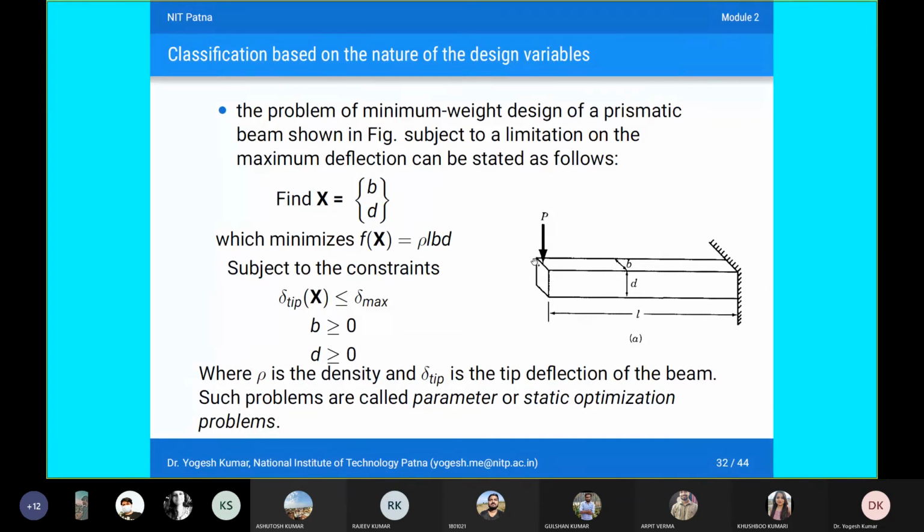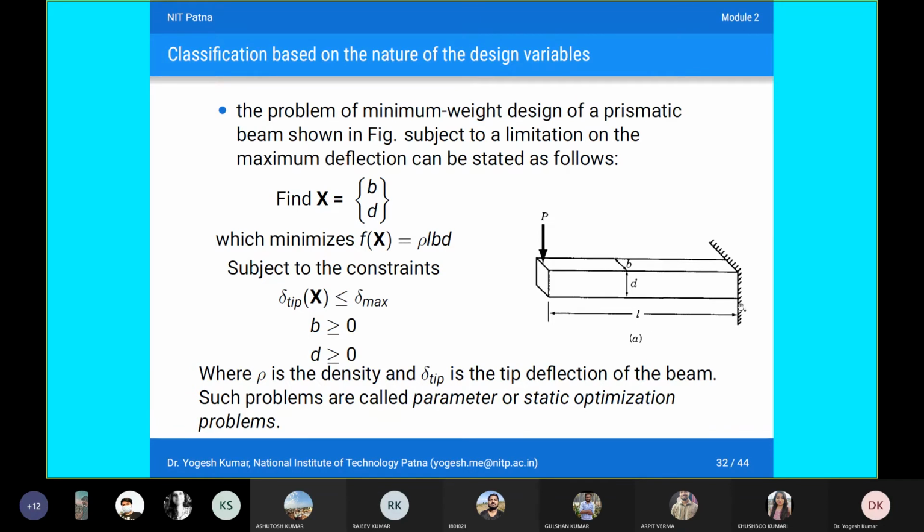And obviously b should be greater than or equal to 0 and d should be greater than or equal to 0. In this type of constraint problem, we can see b and d are independent of l.